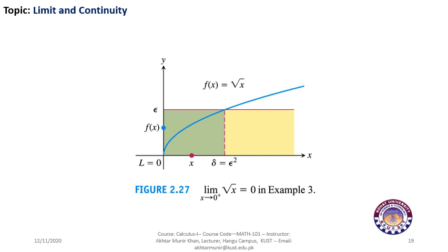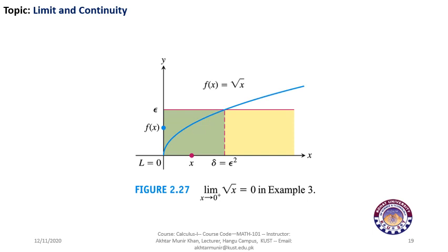So the lower bound of the domain of this function is 0, and if we try to find the limit at x equals 0, we will use the one-sided limit, because the function is defined only on the right side of x equals 0.